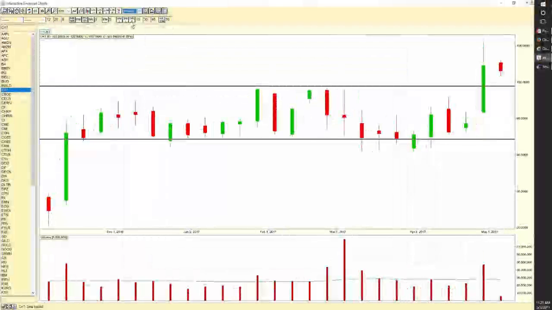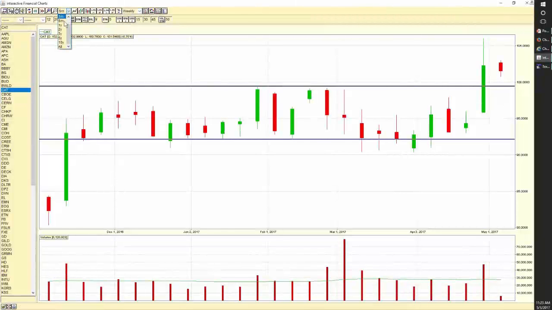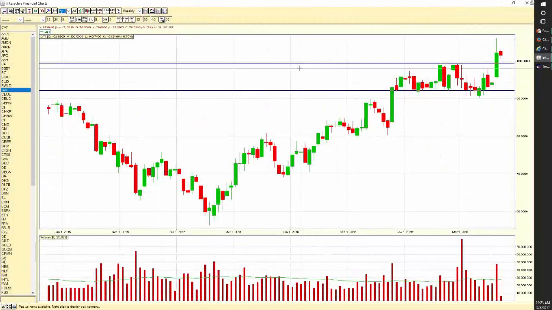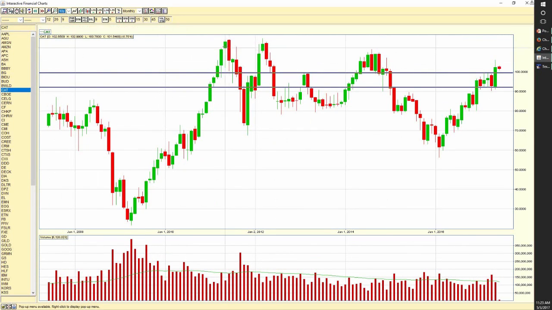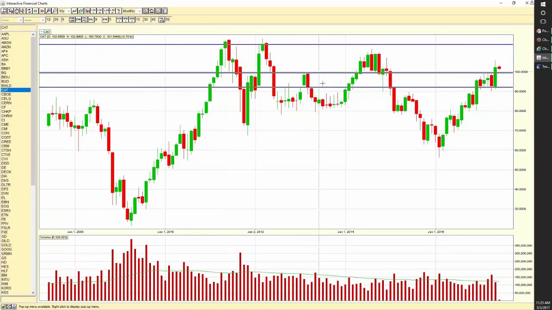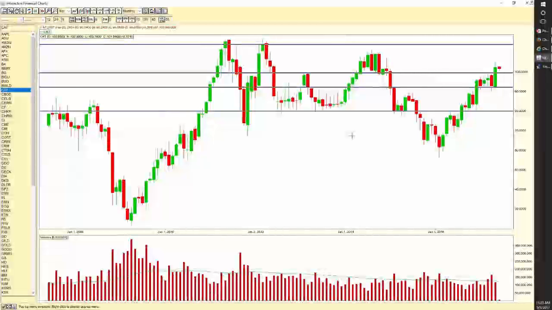Just with Caterpillar, why not? Let's take a look at the weekly chart and go out to 2 years. Am I still seeing the same sort of sideways movement? Ideally, the answer would be yes. Looking at monthly 10 years, well, Caterpillar still seems to move sideways on the monthly 10 years between about $80 and $110. So again, is this a stock that tends to get stuck into sideways channels?